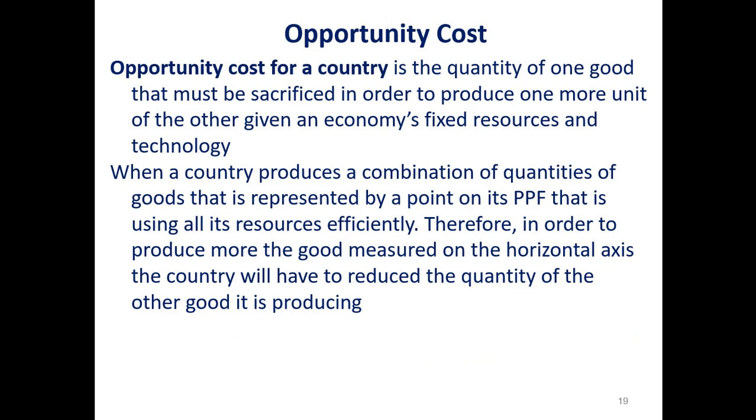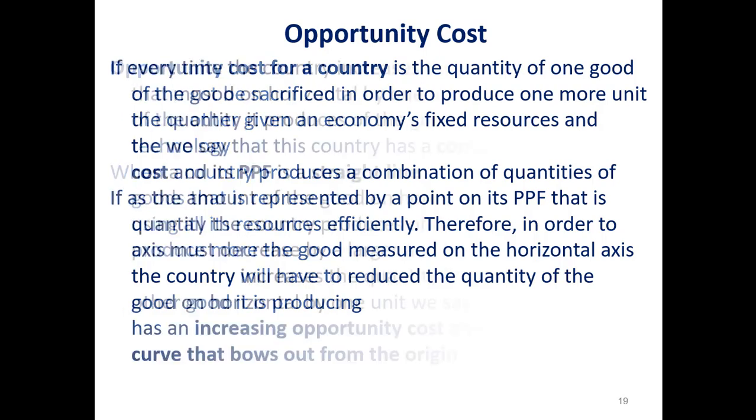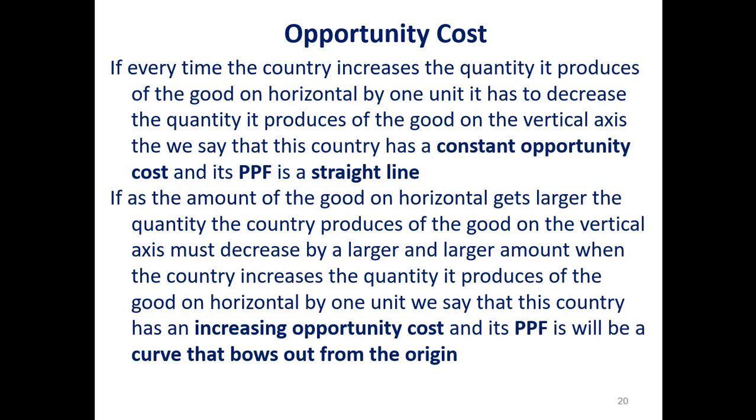Opportunity cost, as it says here, is this idea that there's going to be a sacrifice, and the economy has these fixed resources, the technology, and that's an important limitation, but it's also going to be part of what we're doing. There's two types of production situations where this opportunity cost is going to be displayed.